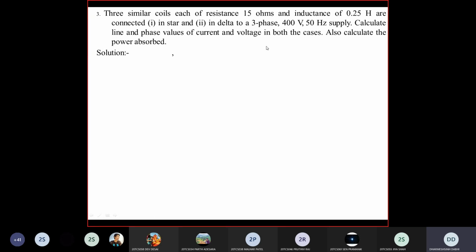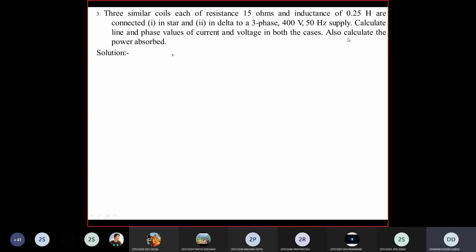Clear? So it means you first find out for the star connected system line current, line voltage, phase current and phase voltage, all these four quantities. Same way in the delta connected system, again calculate line and phase value of current and voltage. And finally you calculate the power absorbed.